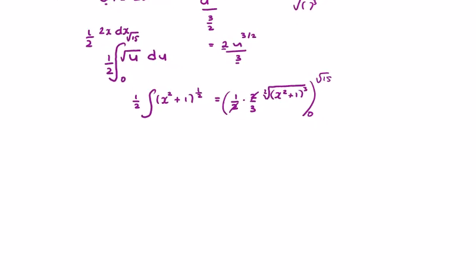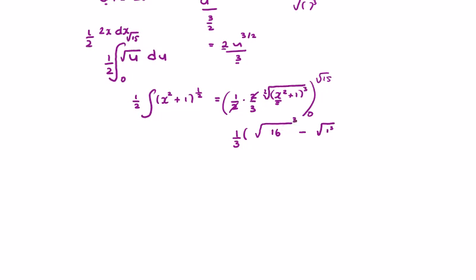So I'm going to end up with 1 over 3 times the square root of x squared plus 1, cubed. Root 15 squared is 15, so it's going to be root 16. Minus, if we put 0 in, we just get the square root of 1. Now, it actually might be easier to put the cube on the outside here if you don't know that 16 cubed.